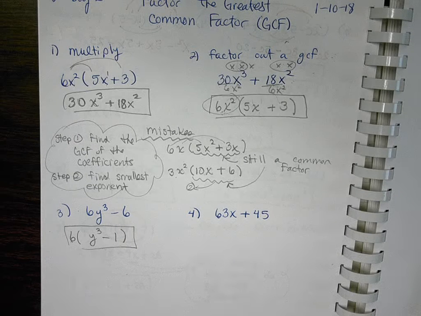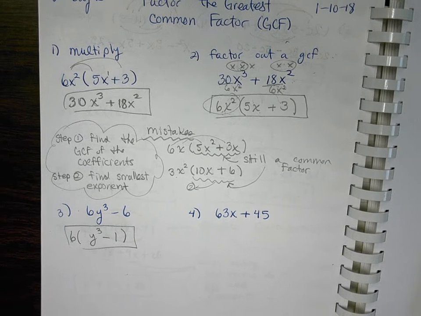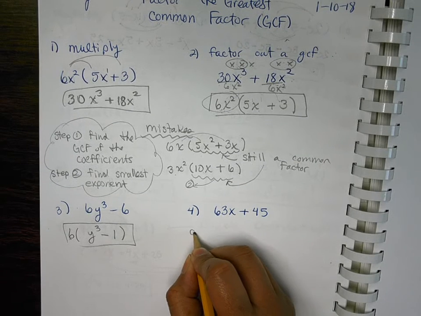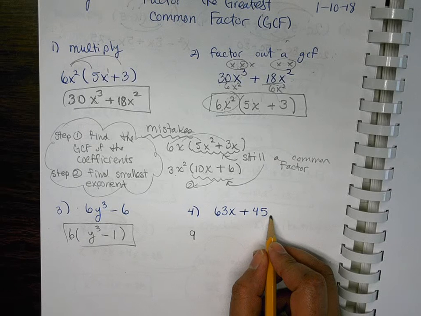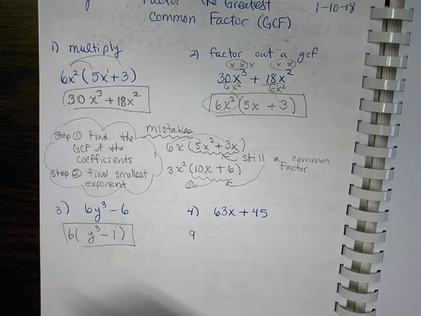So will you need to know your factors on these? Yeah, or you can start to break down and see what goes into 63, what goes into 45. 9. Now, 9x or just 9? Just 9. Why just 9 and not a 9x? Because 45 does not have an x, and in order for it to be a GCF, it needs to be common with all, and it is not.